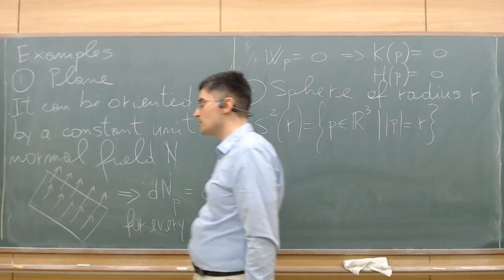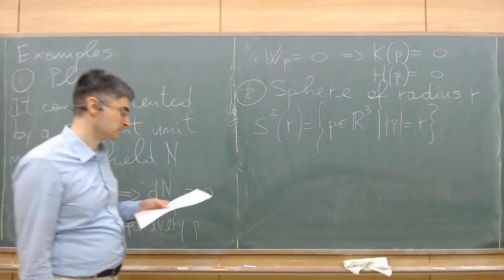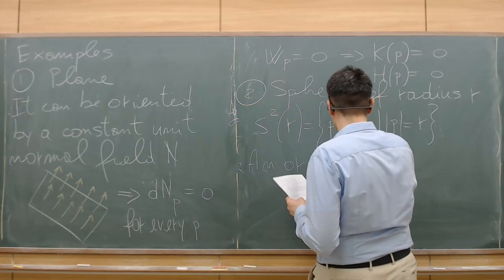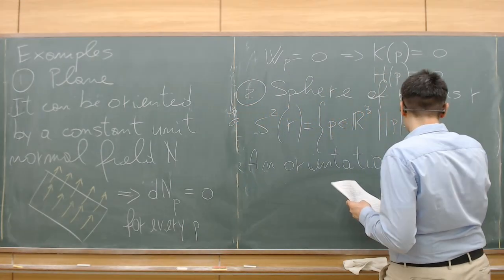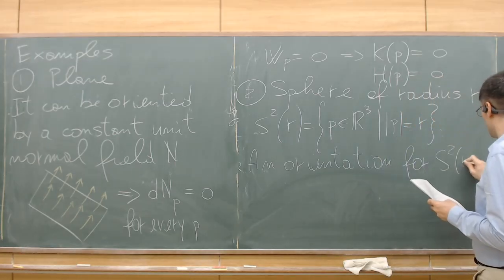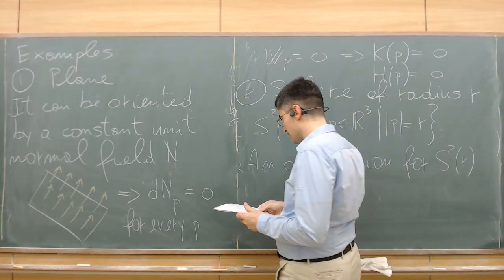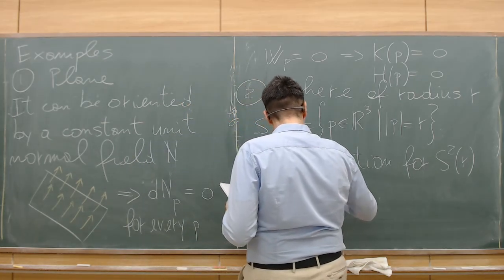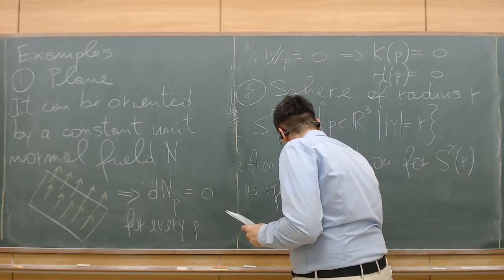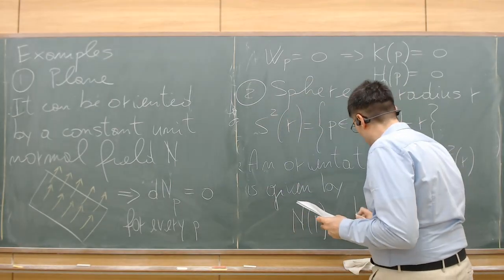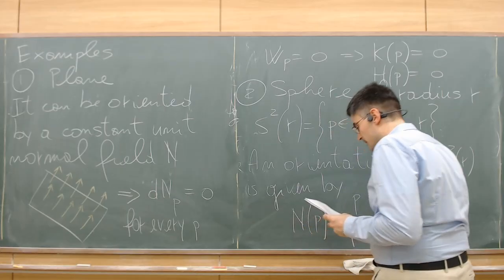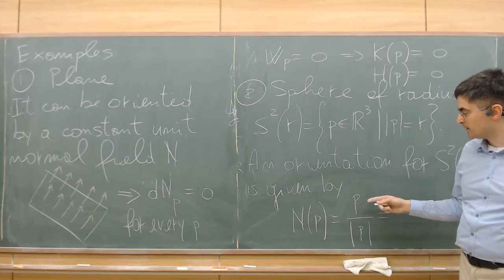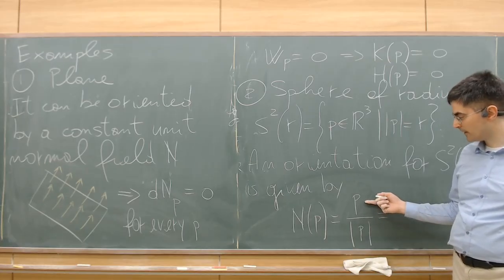Let's choose an orientation for S2R. So an orientation for S2R is given by NP equal to P over the length of P. In other terms, you take the position vector of each point and you divide it by its length.